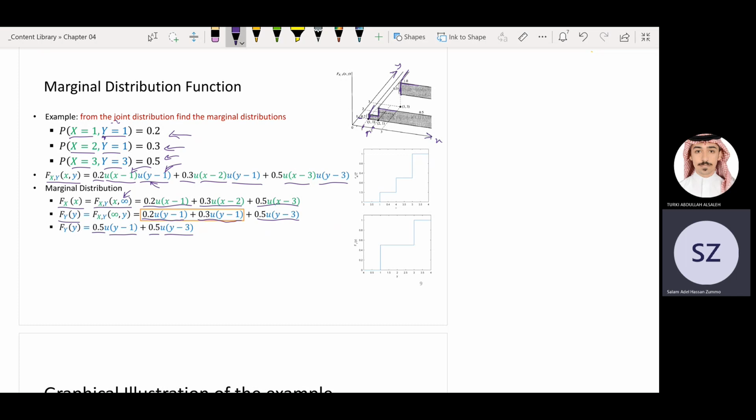So what is the value of fy of y at y equal 1? 0.5. And it stays 0.5 until I reach y equal 3. It becomes another 0.5 step function at y equal 3. So think about it from mathematics, just plugging infinity, or think about it from the distribution when you just ignore x or ignore y. Both ideas should give you the same answer at the end.